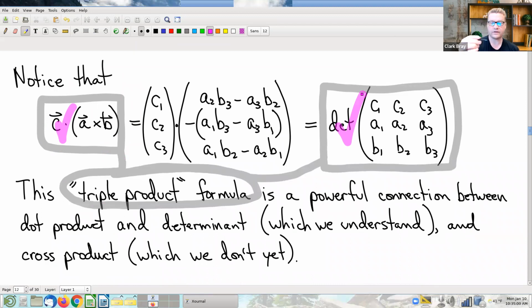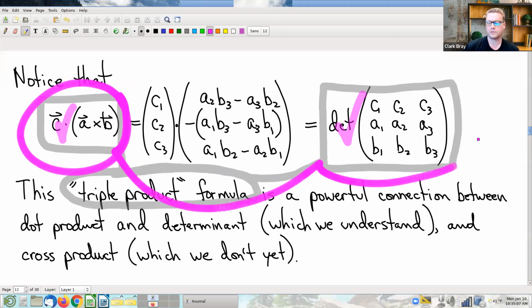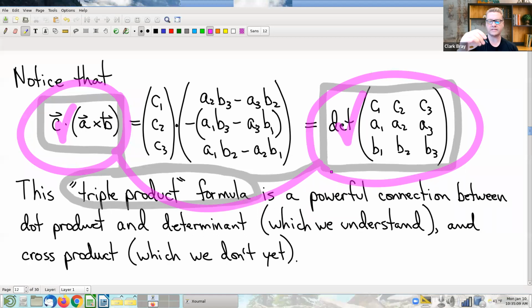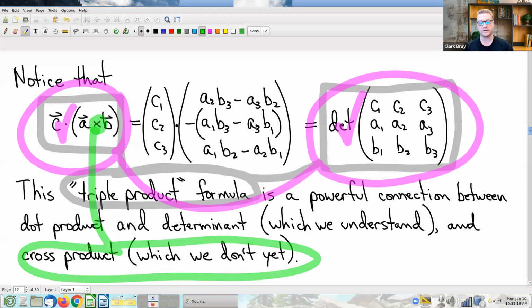So now we have an equation here that relates two things that I understand pretty well with the cross product, which I don't understand very well yet, but I want to. And so this is going to be our foot in the door. We're going to use what we know about dot products and determinants and this equation that we just observed. And from that, we're going to be able to draw conclusions about cross products. So, all right.